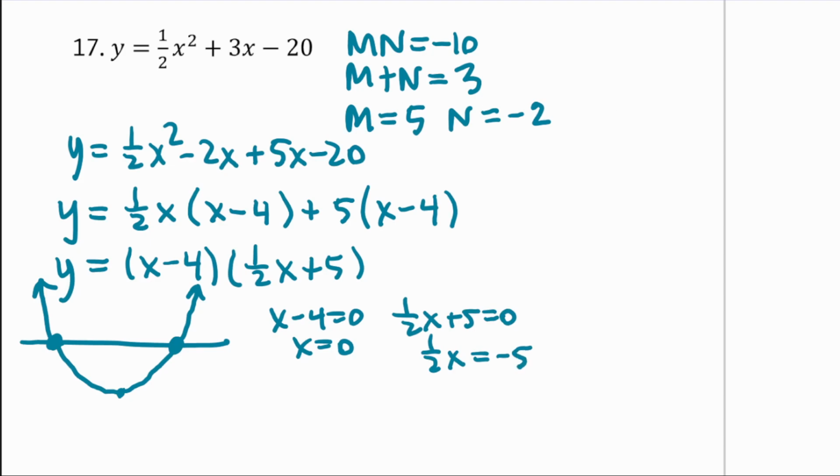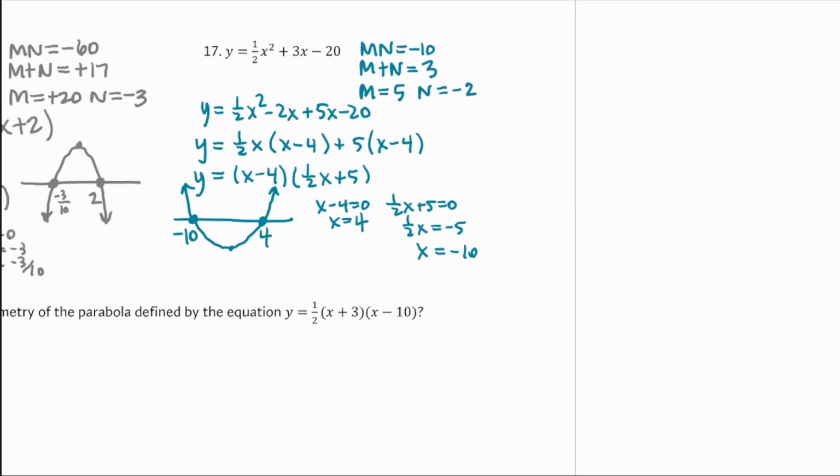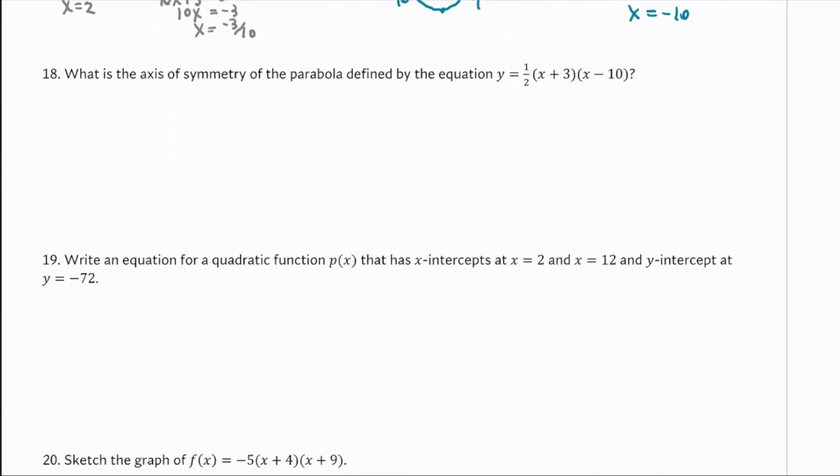Okay, I'll multiply both sides by 2 here and get x equals negative 10. And x equals not 0, and that doesn't make any sense. If x minus 4 equals 0, then x is going to need to equal 4. That was a good collection of factoring practice problems.